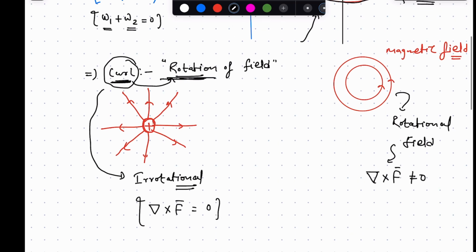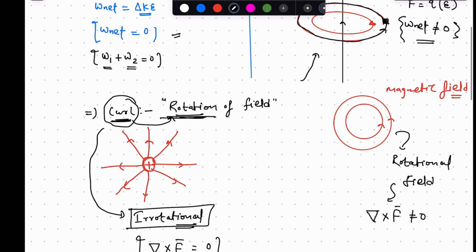Now when they are irrotational, of course the work done in the closed path will be 0, right? If they are rotational, then the work done in a closed path will not be 0.